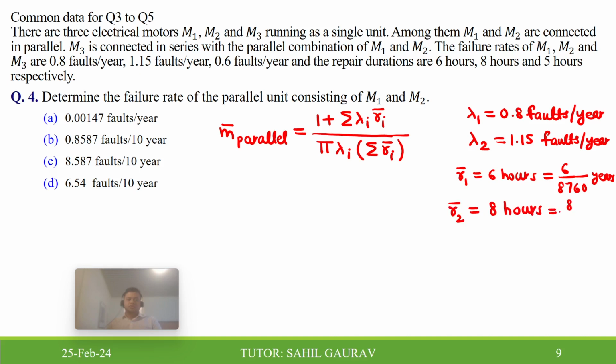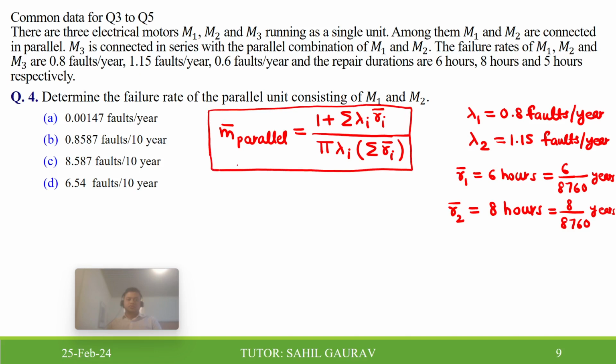So 8 divided by 8760 years. Now we have matched the units. Now we will put the values in this expression.